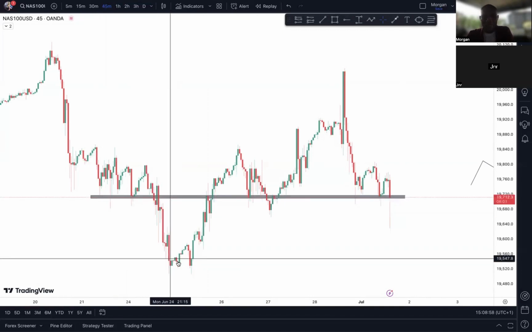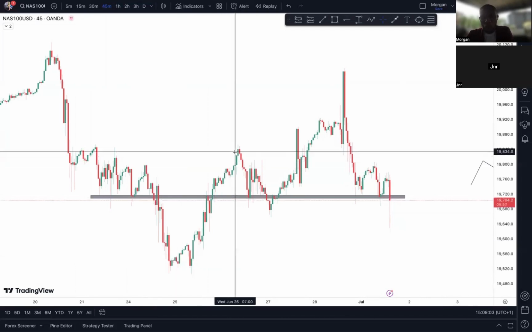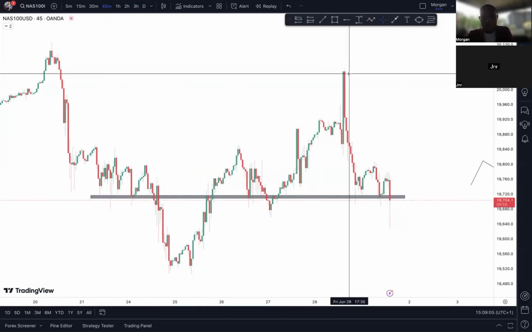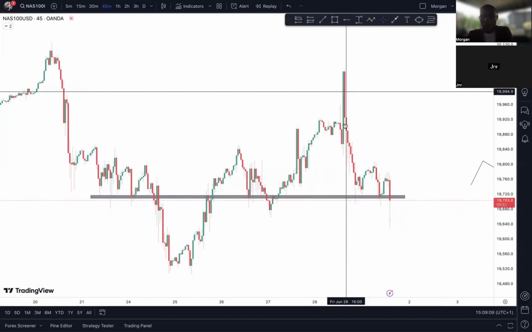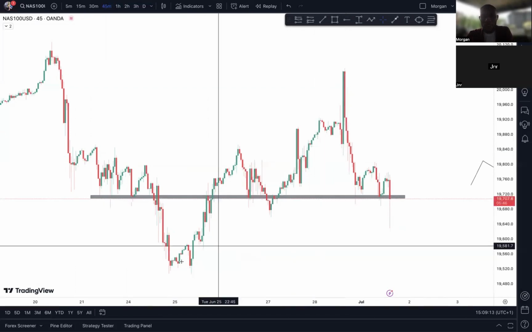Then price pushes up, but doesn't just push up, it ends up going way higher. Price is coming back. This doesn't disqualify the fact that under these levels, price can still target these highs.